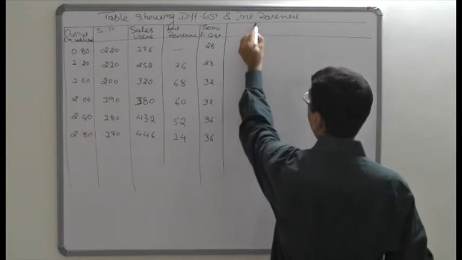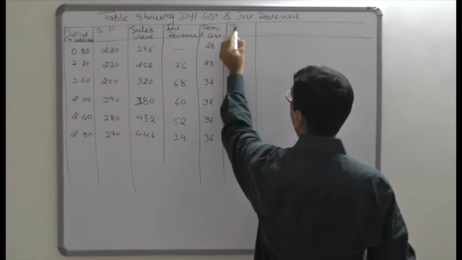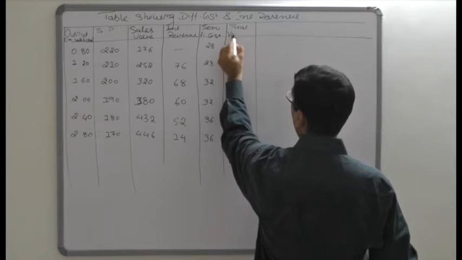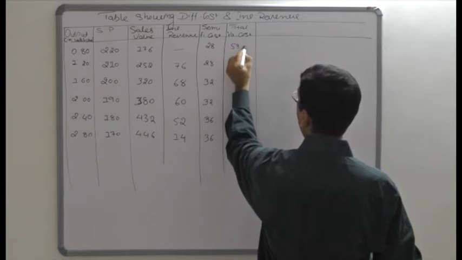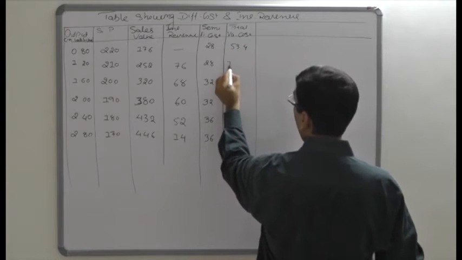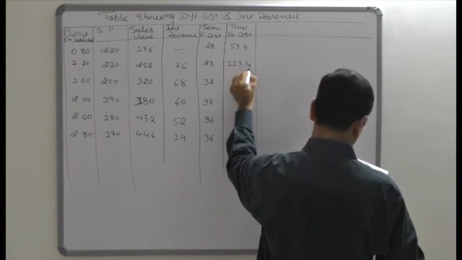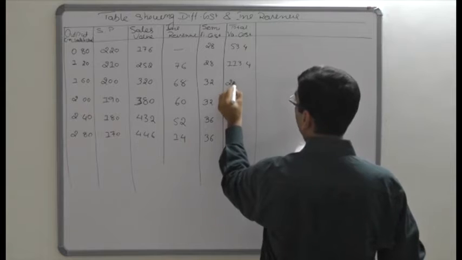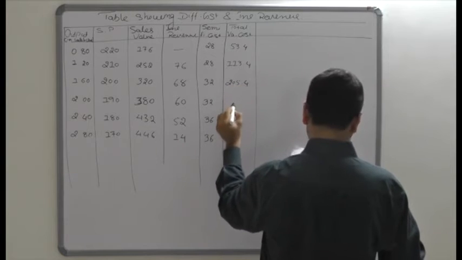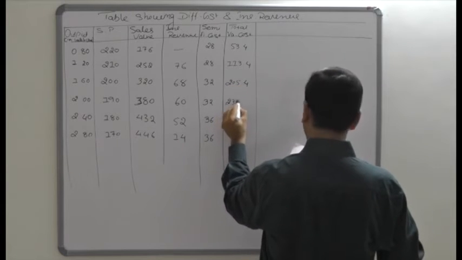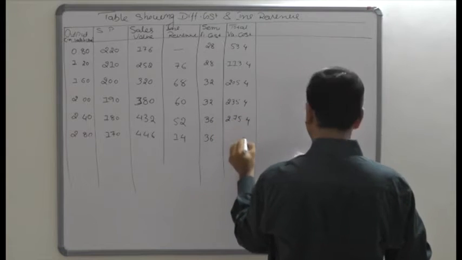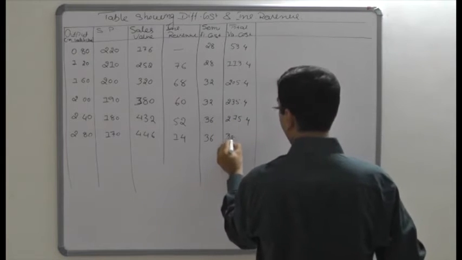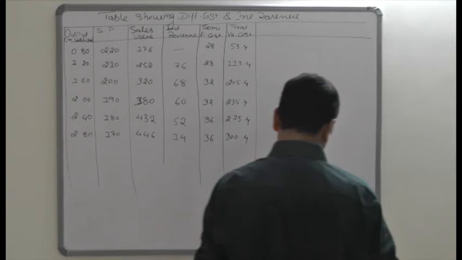Then we have the total variable cost: 53.4 for the first output, 113.4 for the second output, 205.4 for the third output, 235.4 for the fourth, 275.4 for the next, and 300.4 for the last output.